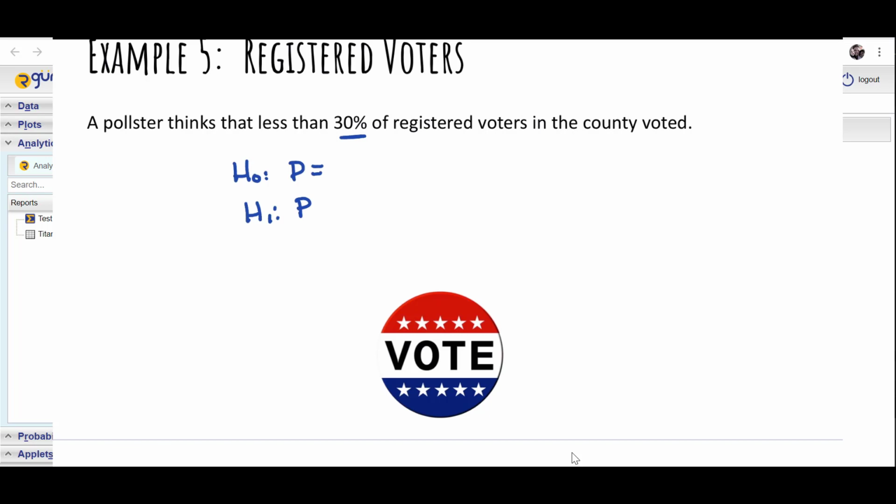We're assuming that it's equal to 30%. This is actually the way you probably should go ahead and write it in decimal form, only because when you put this into Rguroo, it needs to go in decimal format. And then the alternate statement is he believes that it's less than 30.